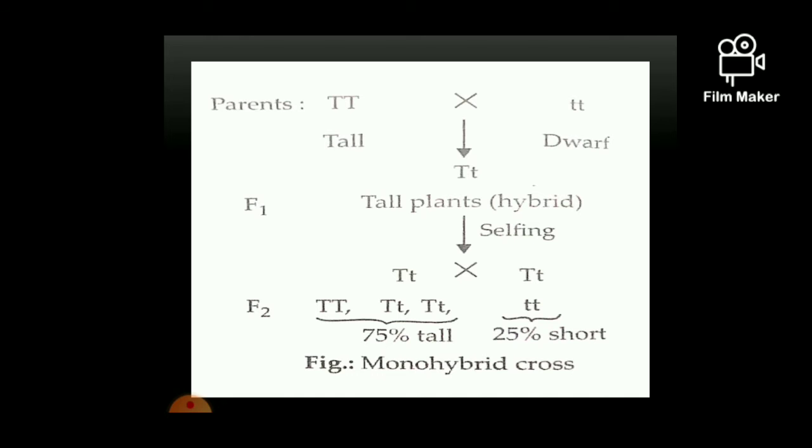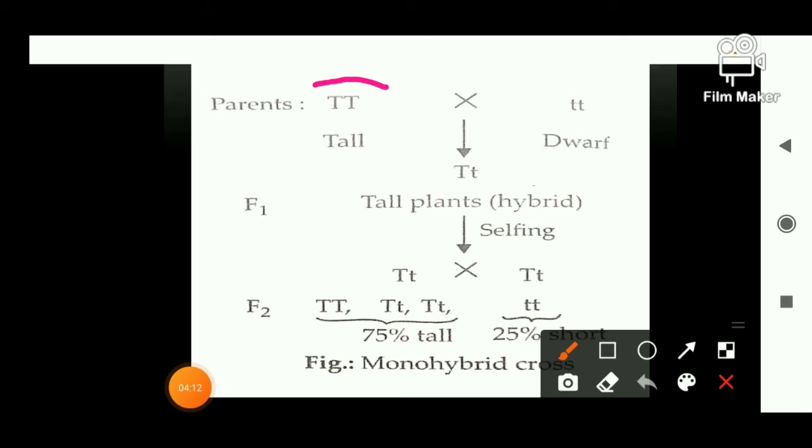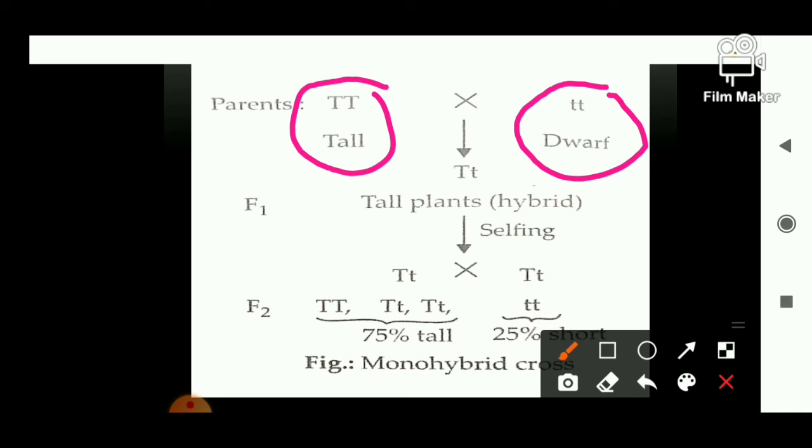Okay, now we can see the representation of the tall plant and this is the dwarf plant. Tall plant is represented as TT. Actually, Mendel was not aware of genes and chromosomes.